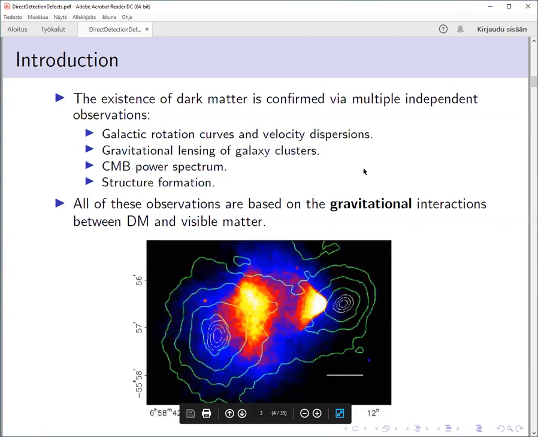Then we have gravitational lensing observations, mainly from galaxy clusters. Gravitational lensing is of course this effect from general relativity, the bending of light.